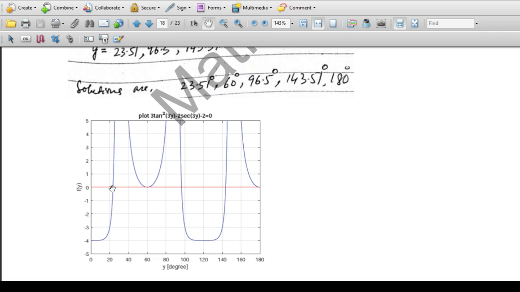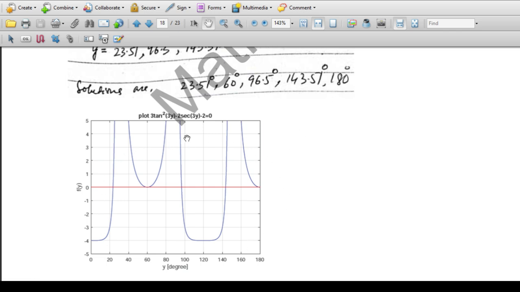This is the first solution, and it is also intersecting at 60 degrees here, and 96.5 degrees here, and again here at 143.51 degrees, and at this point 180 degrees.